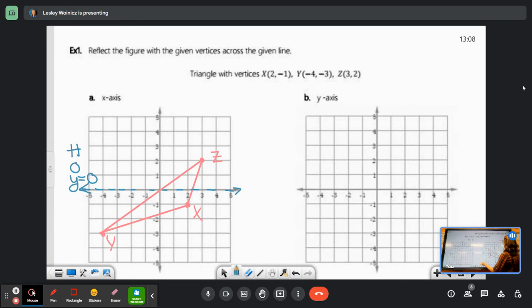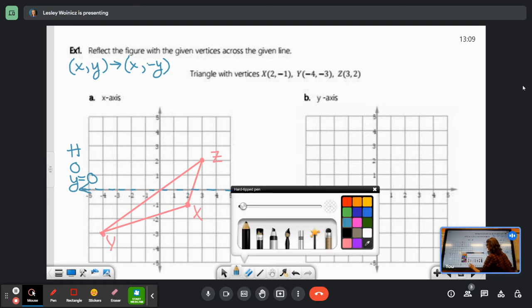So the rule is that we're going to keep our x value and make our y the opposite. So here, I'll write the rule. It says if it's (x, y), it's going to map to keep the x, change the sign on the y.